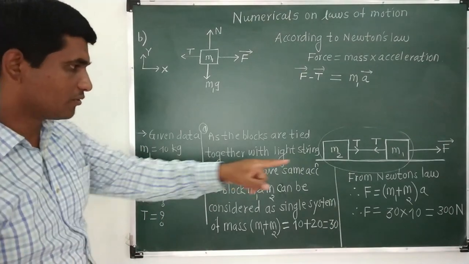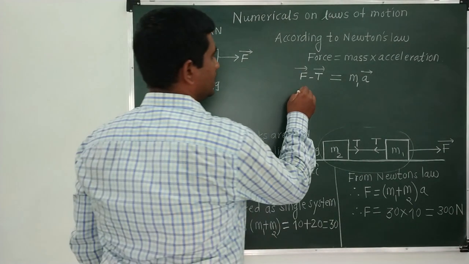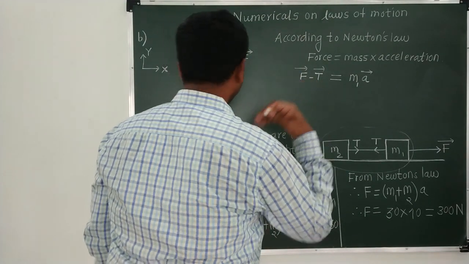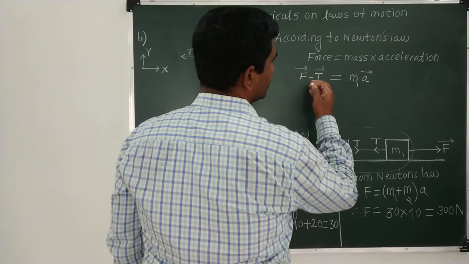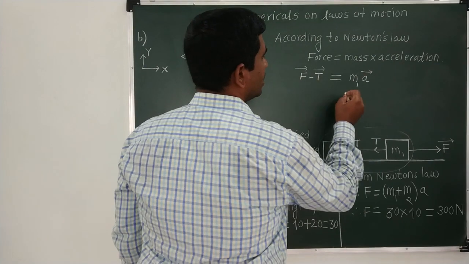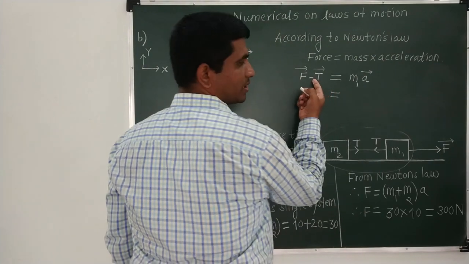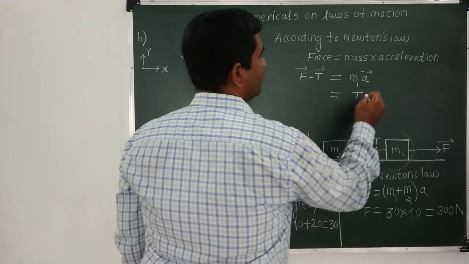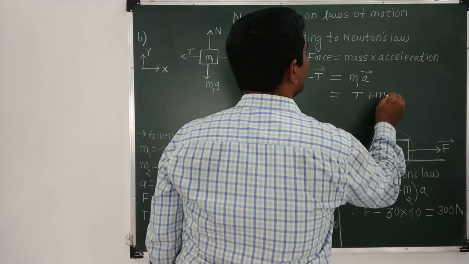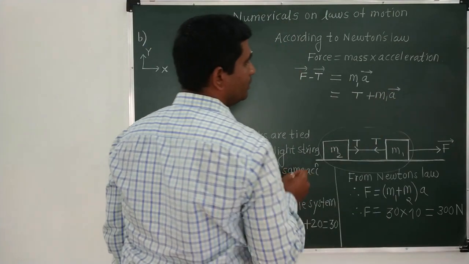Okay, we have calculated the force, which is 300 Newton. First of all, because we need to calculate the tension, I will transfer all the quantities to the other side and keep tension on this side. If I transfer this minus T to that side, it will become plus T, and this will become M1 A vector.